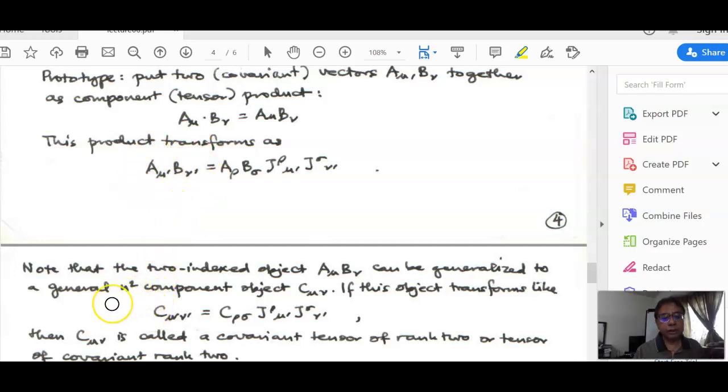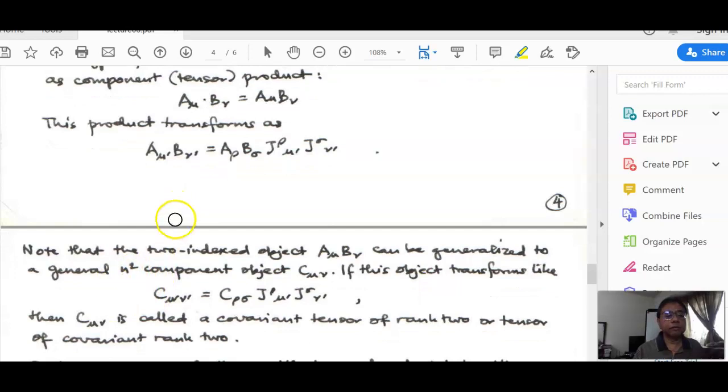You can think of a general object which has two indices. In this case, consider C_μν. It has two indices, and you can think of these two indices just like components again.